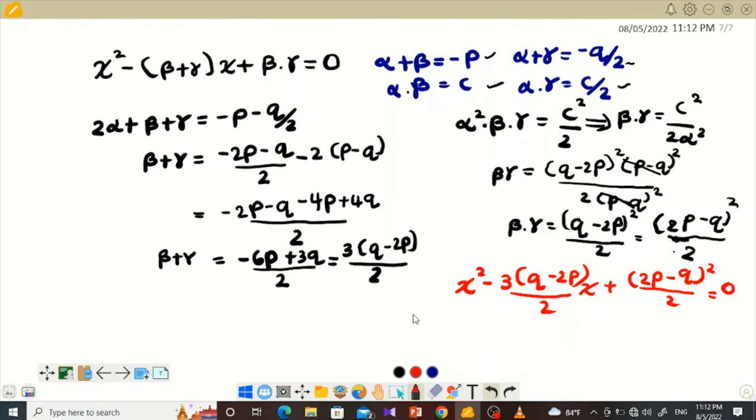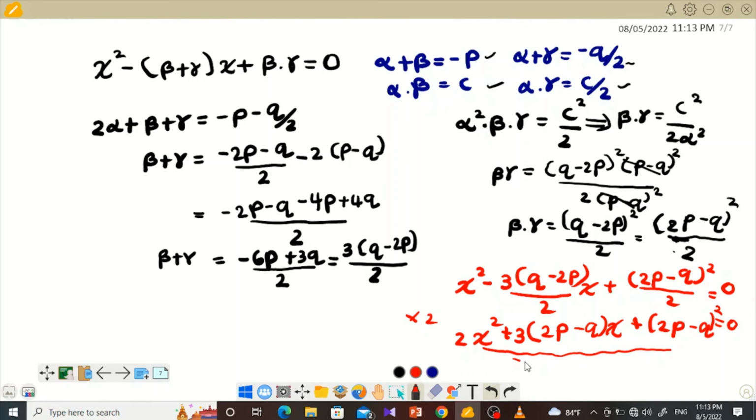Then I can multiply the equation by 2 and take the negative sign out of the bracket. Then this becomes 2x squared. When the negative sign comes outside, it is plus 3 times 2p minus q, sorry, not 2, x plus 2p minus q squared equals 0. I obtain the given quadratic equation. The roots of this equation are beta and gamma.